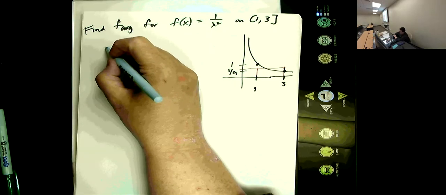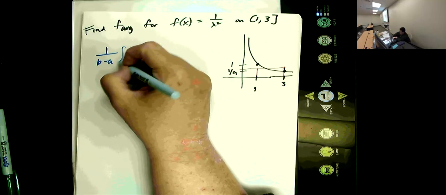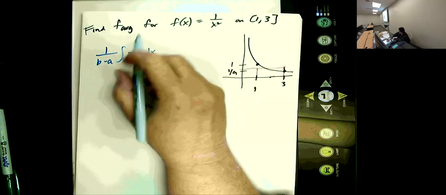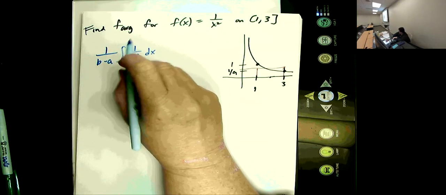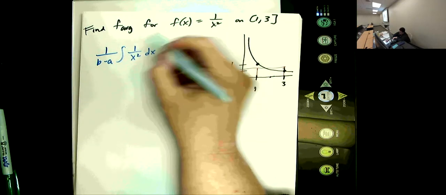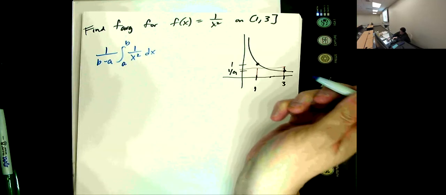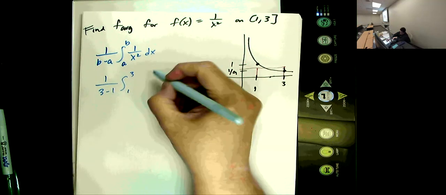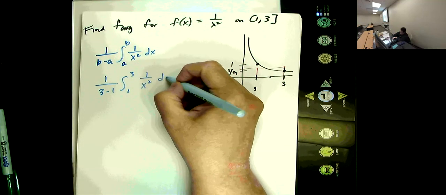So we're going to do 1 over b minus a times the integral from a to b. So 1 over 3 minus 1 times the integral from 1 to 3 of 1 over x squared dx.